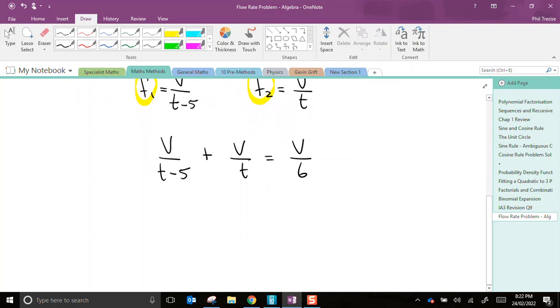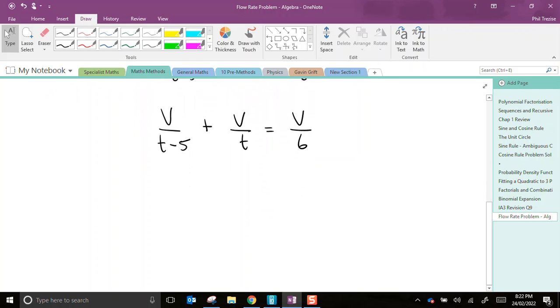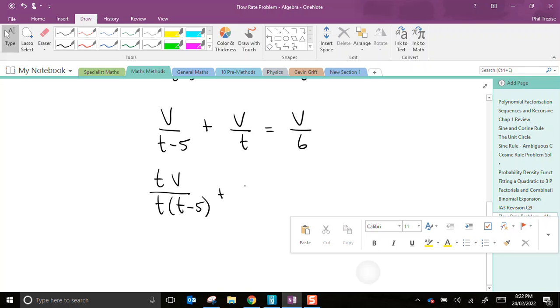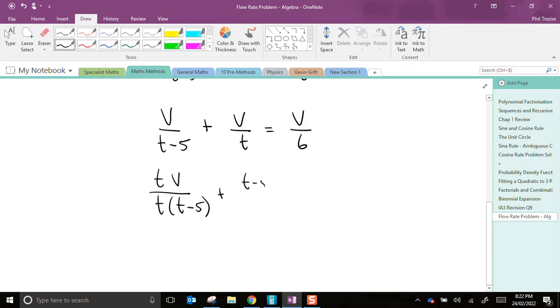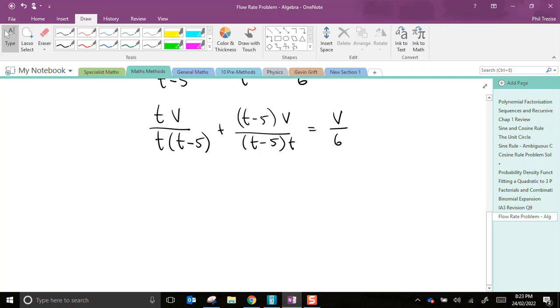That's not too bad. We have different denominators here, so I would have to multiply by T times V over T, times T minus 5. Then I'd have to multiply by T minus 5 times V over T minus 5, times T, and that would still equal V over 6.